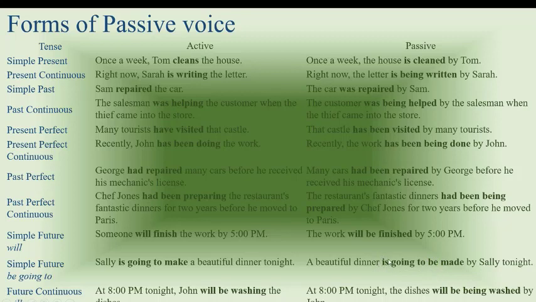This verb to be has nothing to do with passive. It is part of the term be going to: Sally is going to do, they are going to do, and so on. But this verb should be in the form of be because it is preceded by to.